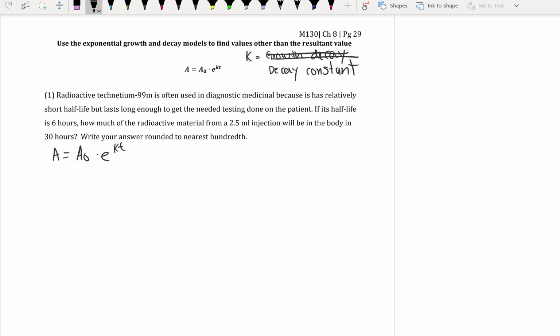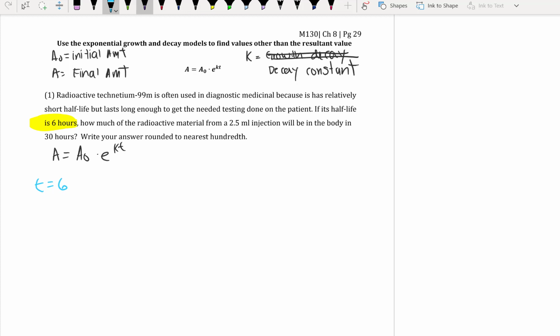So we still have our A naught, which is our initial amount. We refer to that as the principal amount when we're talking about money. And A is still going to be your final amount that you have. So when we read this, it says that if its half-life is 6 hours, so that's going to be my t value. So t is going to be my 6 hours.